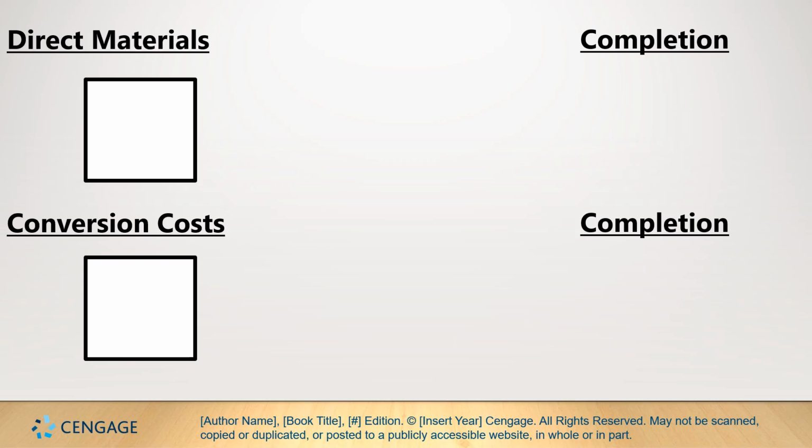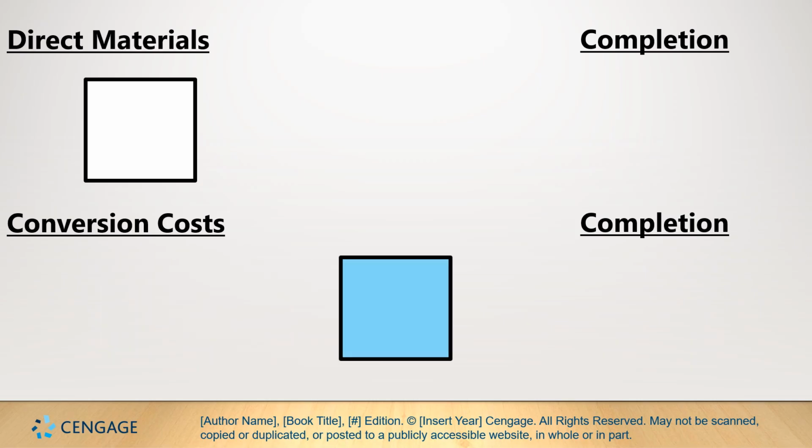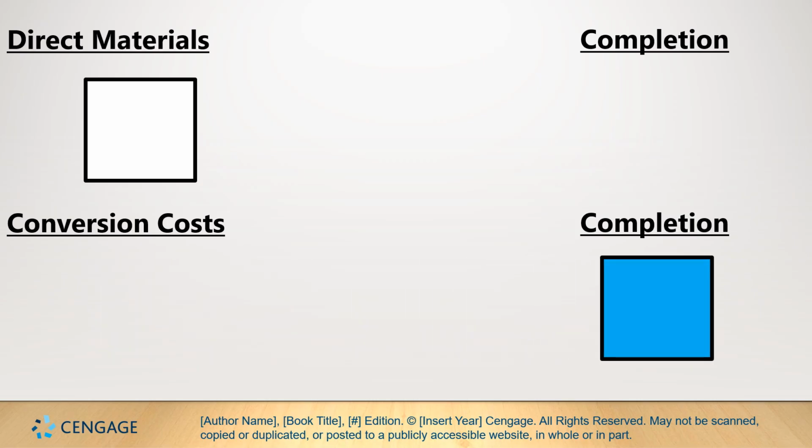It takes time. After a certain amount of time, the unit is 25% mixed, then 50%, then 80%, then 100% mixed. Again, the conversion costs are incurred gradually as we move to completion. In contrast, all direct materials are added at the very beginning of mixing, so as soon as we dump everything into the mixing vat, we're done incurring material costs.